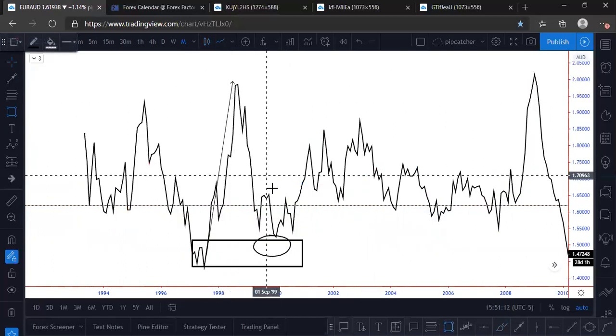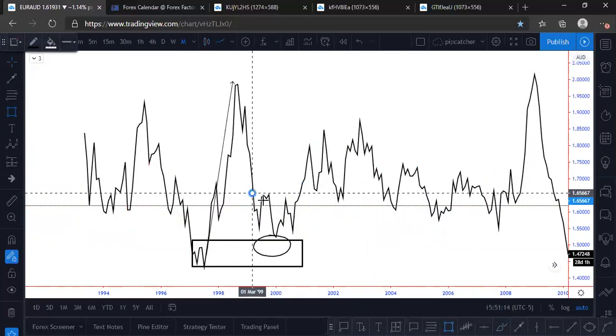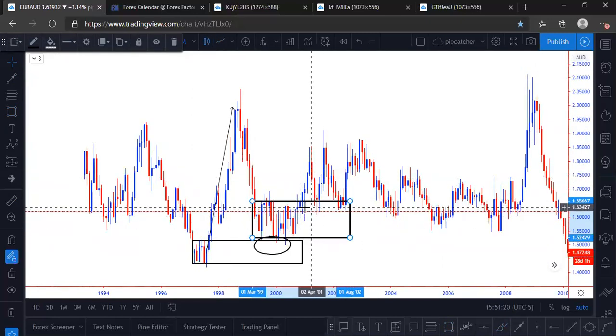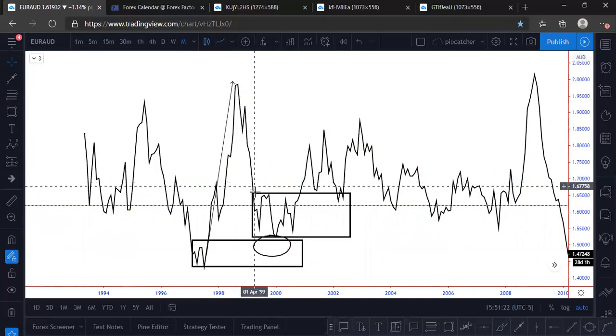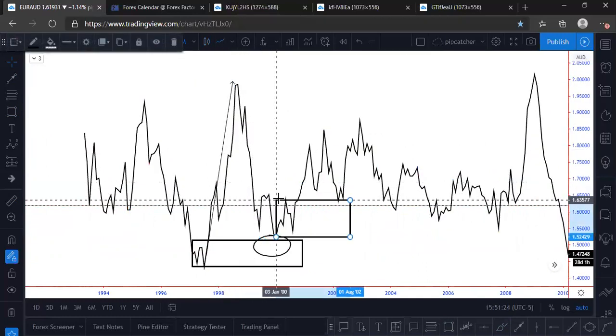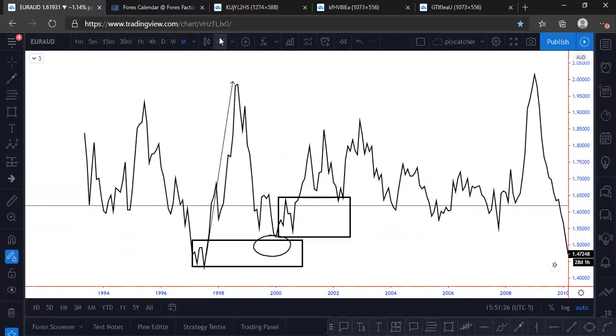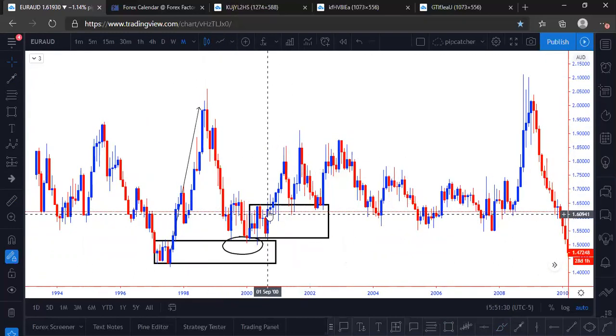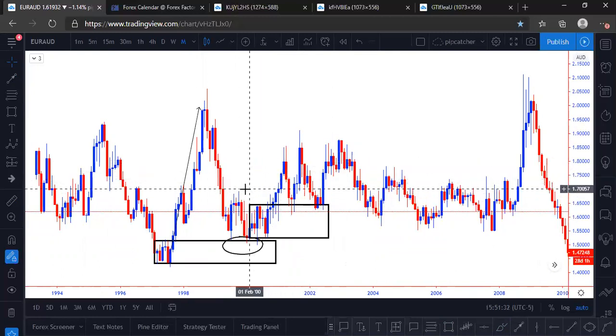I think if we go to a line chart, there is another base right here that can actually be really refined. So right in here, see how price had traded above this high.